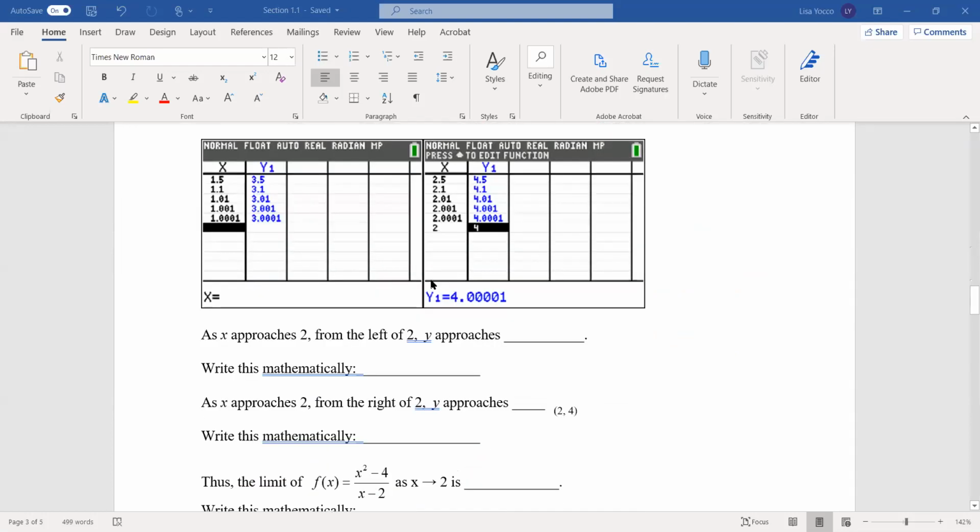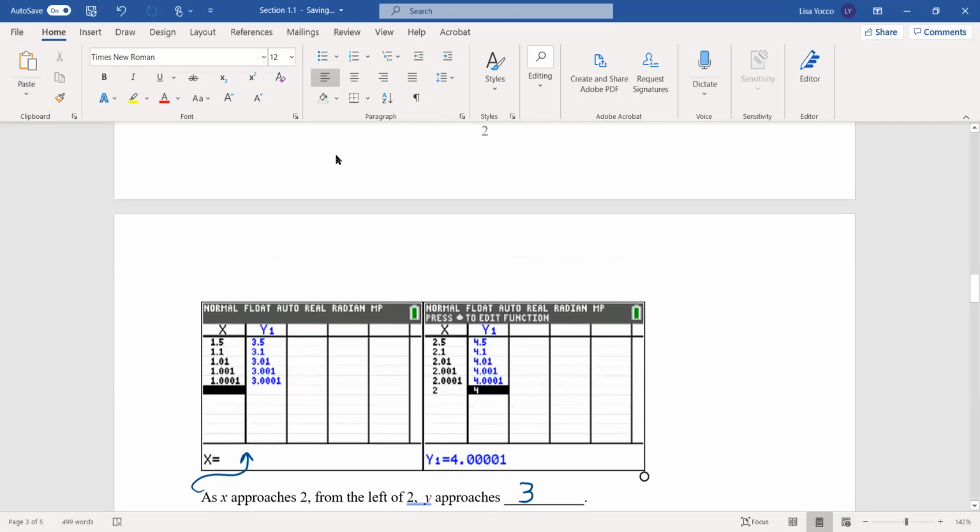All right. Okay, so we say as x approaches 2 from the left of 2, y approaches 3. That's from this table. Something isn't right.